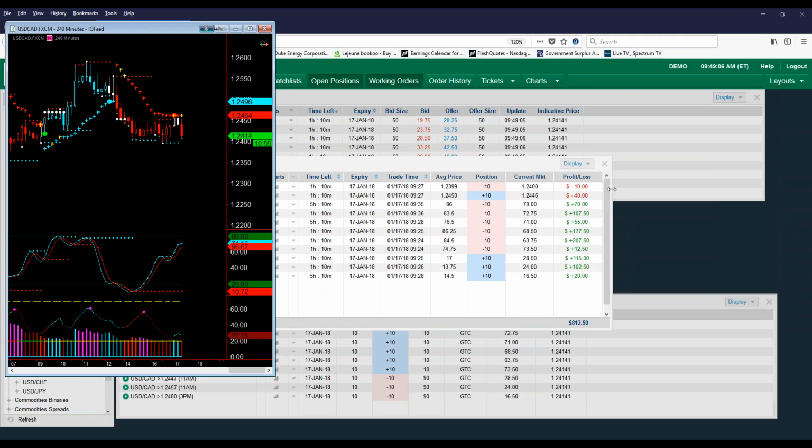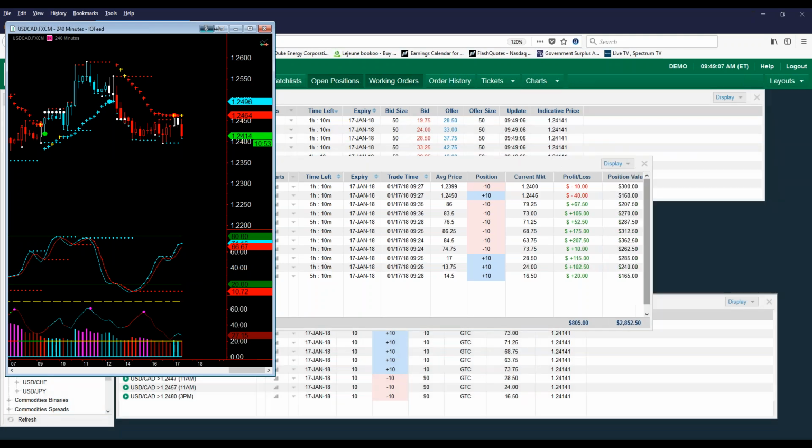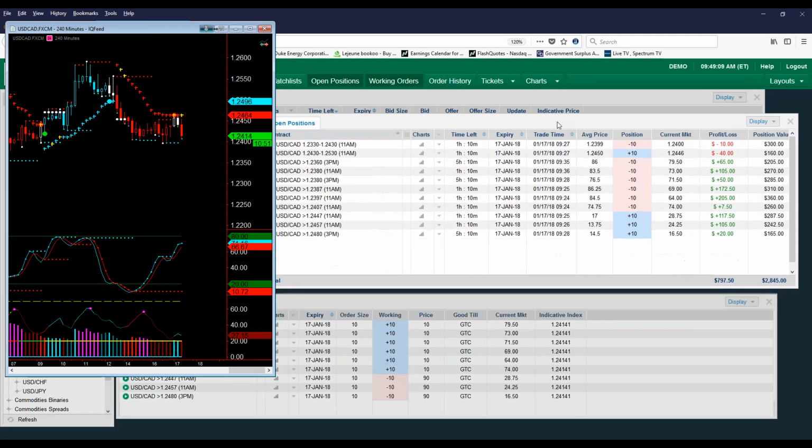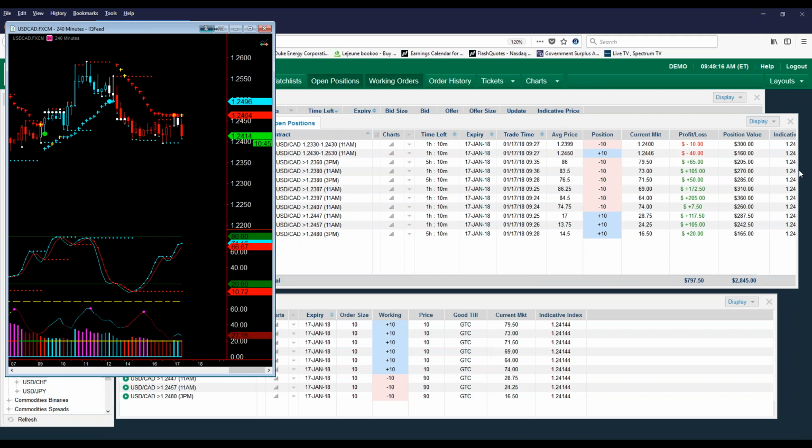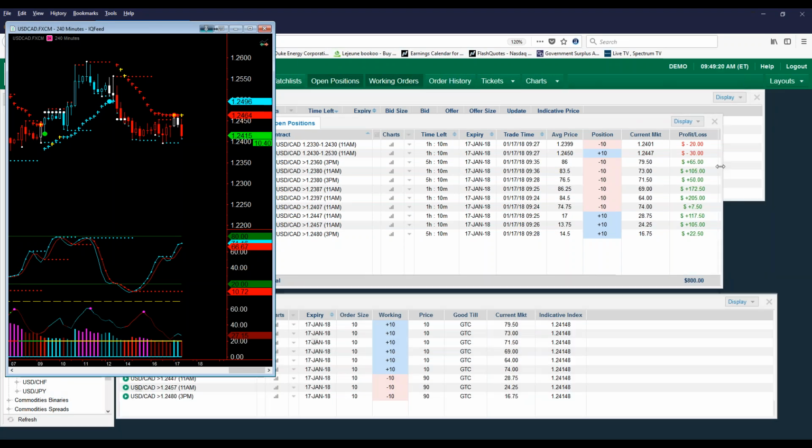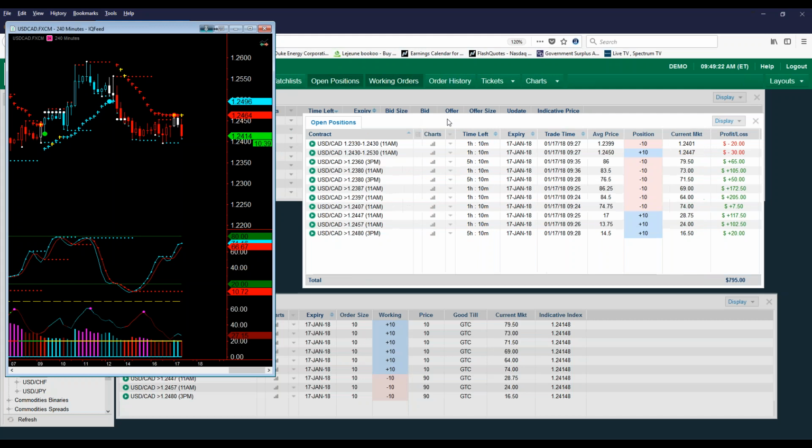If you have a question and you don't ask it, then I can't answer it for you, basically. I'm trying to get this where we can see it and still see the chart as well. We'll do it like this.